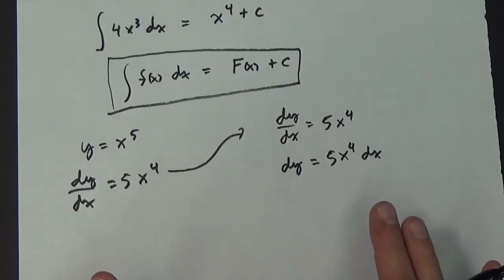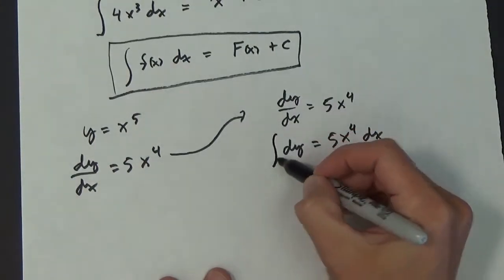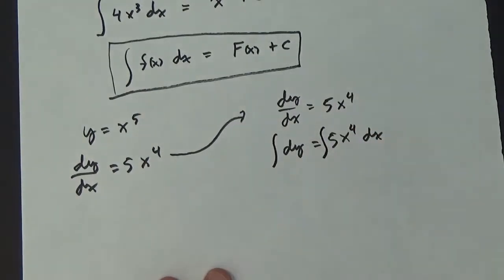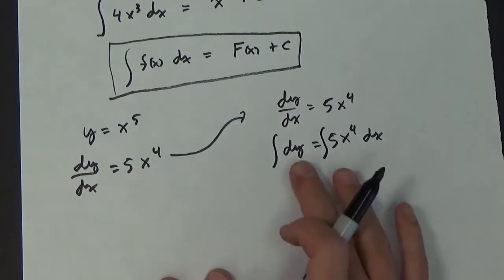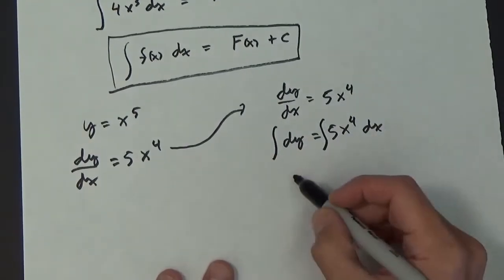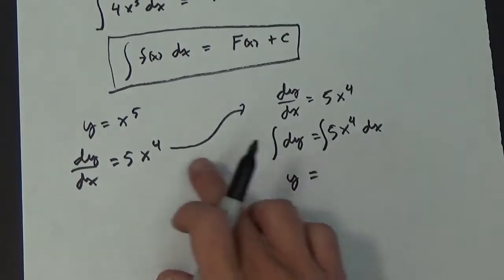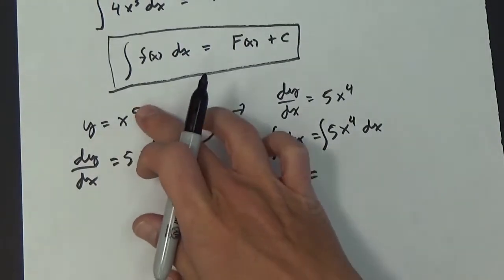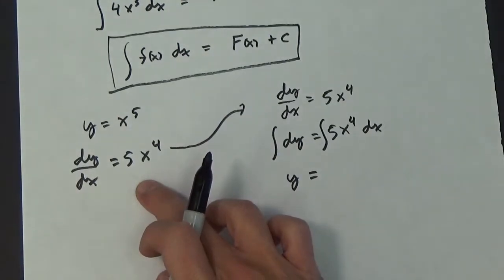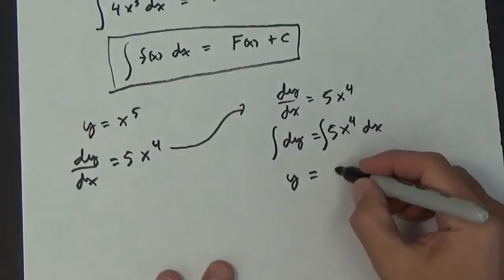Now what I want to do is integrate both sides. I'm going to talk about this later, but the integral of dy is just y. So don't think about that one too much. But what's the integral of 5x to the fourth? We actually know what it is. It's x to the fifth, because if the derivative of x to the fifth is 5x to the fourth, the integral of 5x to the fourth has to be x to the fifth.